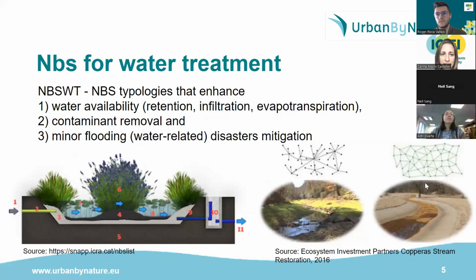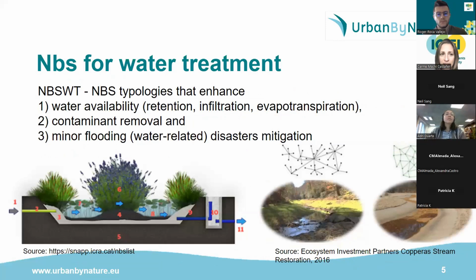We know that these typologies can enhance water availability through different physical and biological processes: retention, infiltration, evapotranspiration, contaminant removal, and they also can help with minor flooding mitigation. Here's an example of a constructed wetland.